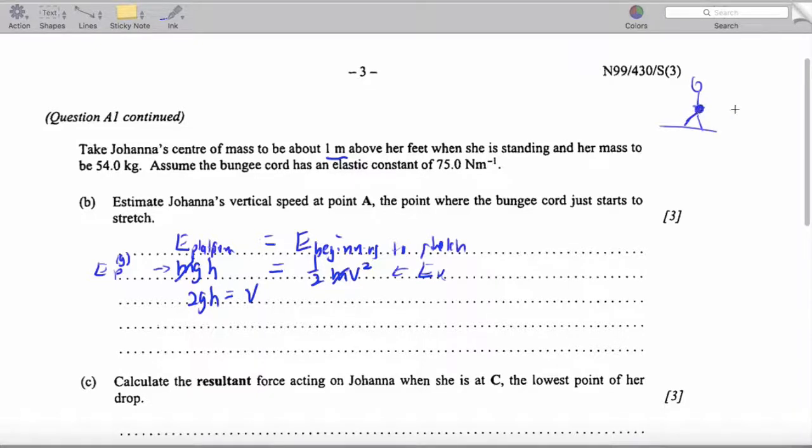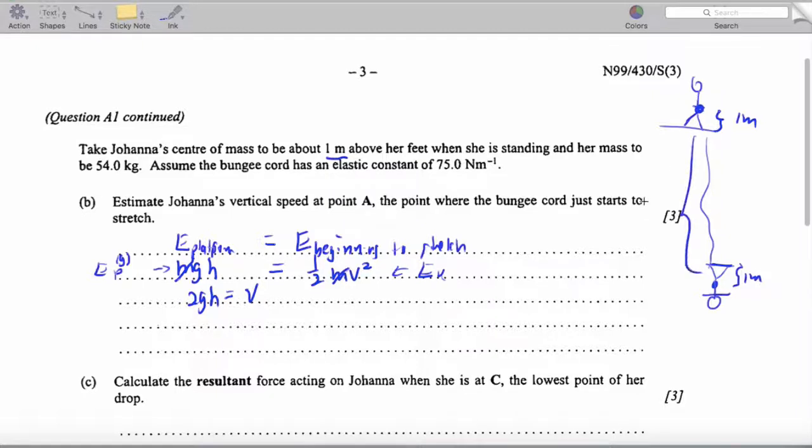So her height starts off as 1 meter above her feet, but then she's upside down here, so we have 1 meter below here.